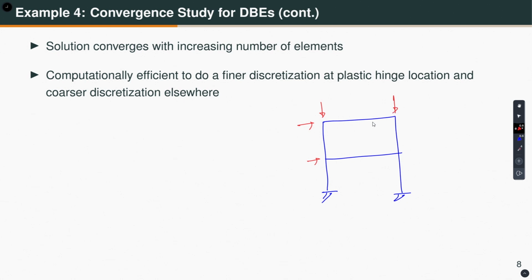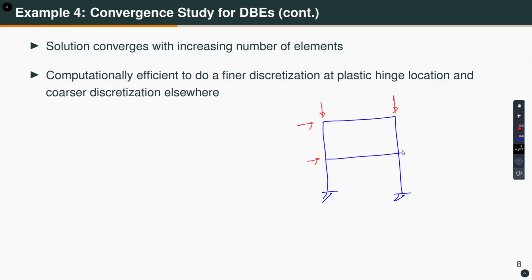If I have to use displacement based element, I know here, here, here, here, here, there will be inelastic deformation, right. So, I have to use many elements to model each beam and column. That will increase my degrees of freedom, okay, and consequently the computational effort will also increase.